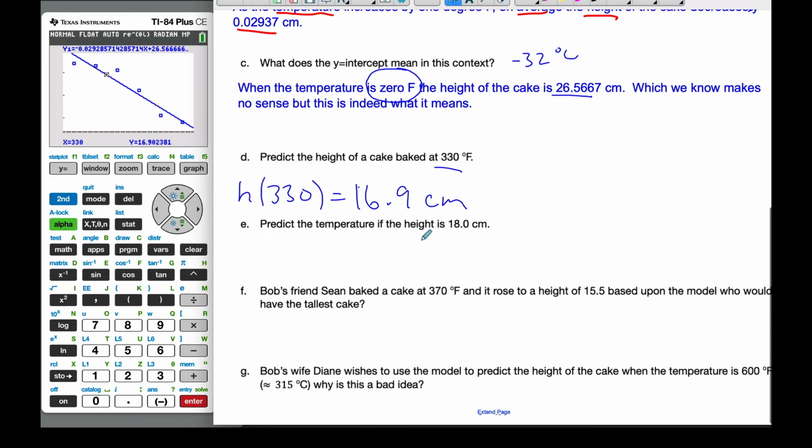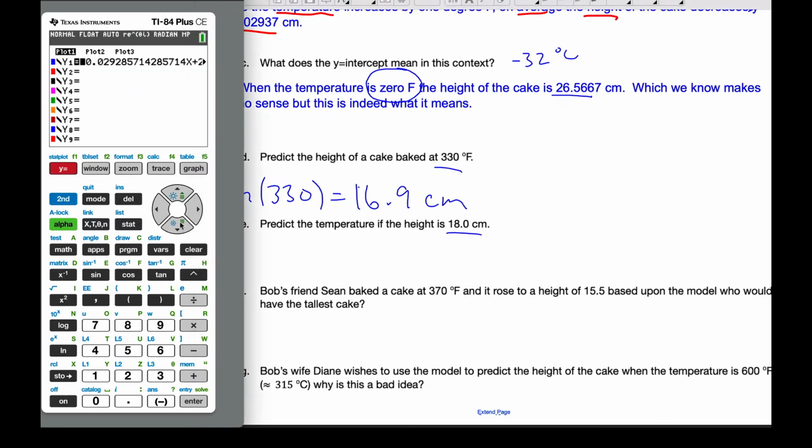Similarly, if I want to predict the temperature if the height is 18, I put 18 in y equals and then graph this.